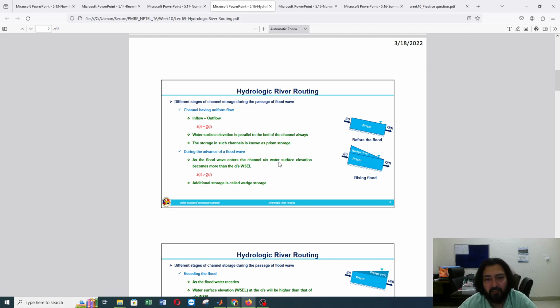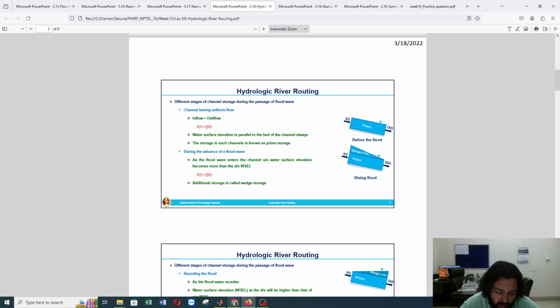So the flood wave is entering through the upstream, and the inflow will obviously be more than the outflow, right? Whatever amount of water is added through the flood wave, we call that wedge. So here there are two important definitions that we should understand. The first is called prism storage and another is called wedge storage. So what is the difference between the two?